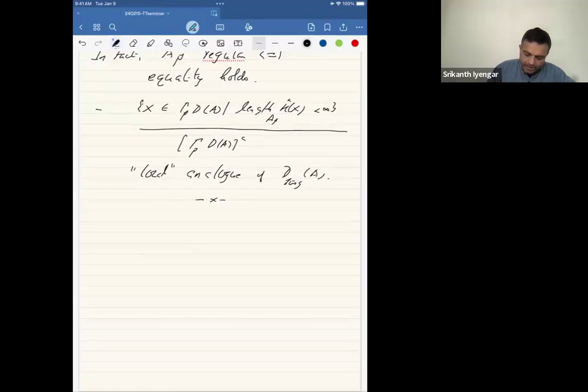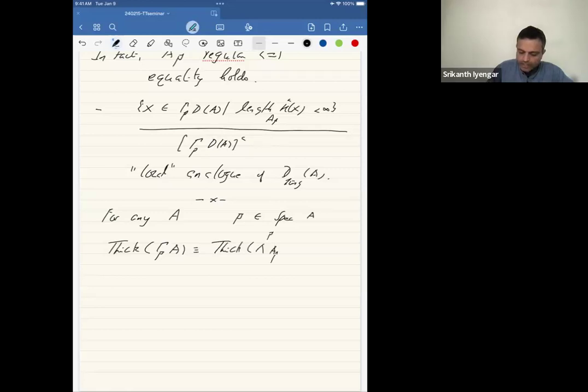But for any commutative Noetherian ring A and prime ideal P, there is an equivalence between the thick subcategory generated by the image of the generator and the completion of A localized at P, and the thick subcategory generated by the injective hull of the residue field at P. So one has an equivalence of categories like this.